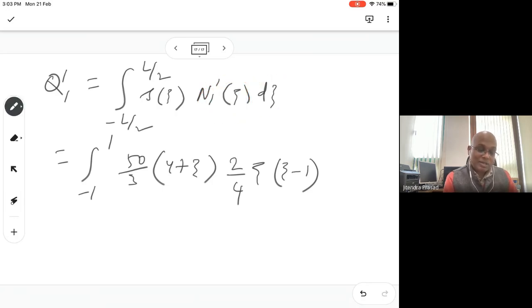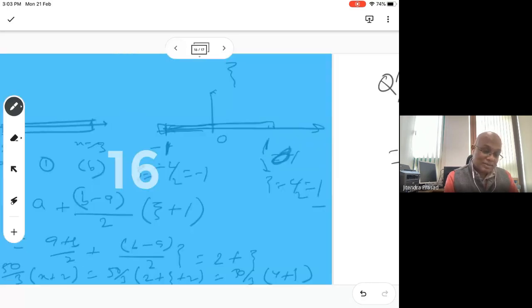Then you have d xi; going from dx to d xi we have to make a conversion, so there will be something coming here, the Jacobian j, so j times d xi.